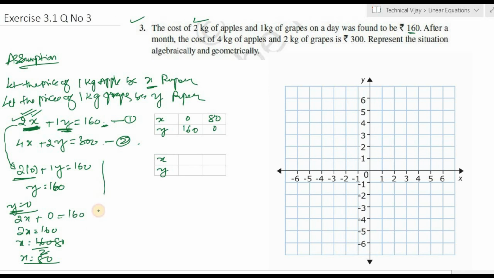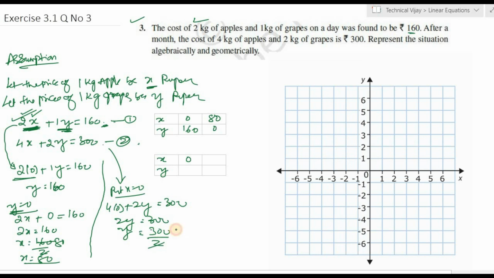In the same way we will consider the second equation. Put x equal to 0. So what happens? 4 into 0 plus 2y is equal to 300. So 2y is equal to 300, y is equal to 300 divided by 2, so this is 150. So y is equal to 150 here.